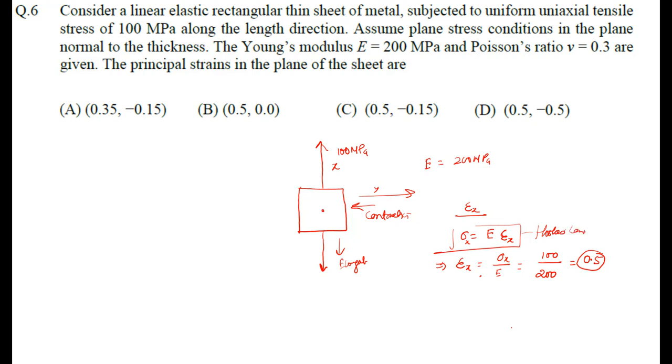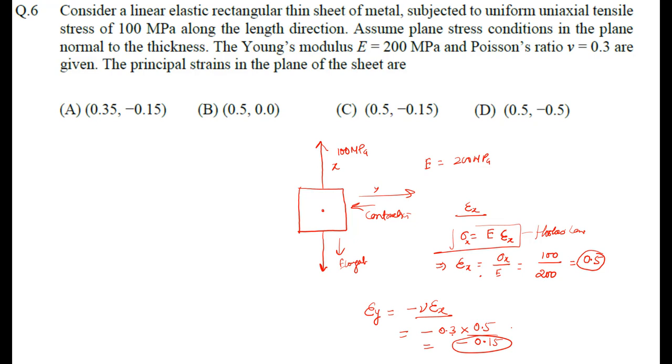Now when we have to find the contraction in the y direction, we know that the strain in the y direction is related to the negative of Poisson's ratio times the strain in the x direction. So this is also a formula we will use. Minus Poisson's ratio 0.3 into 0.5, so minus 0.15.